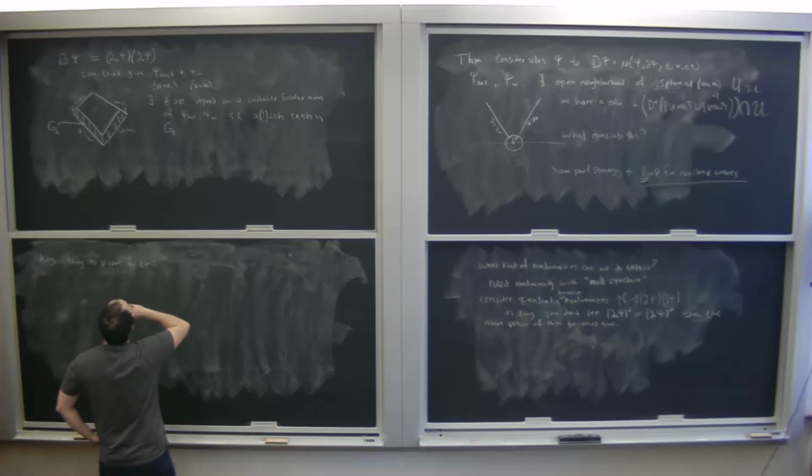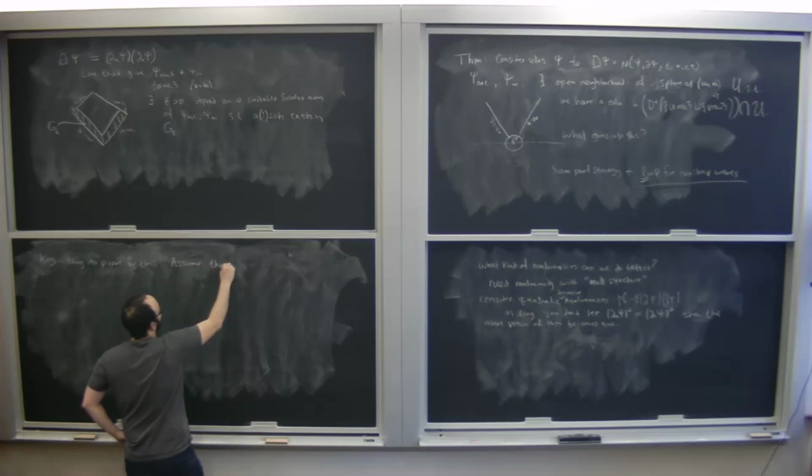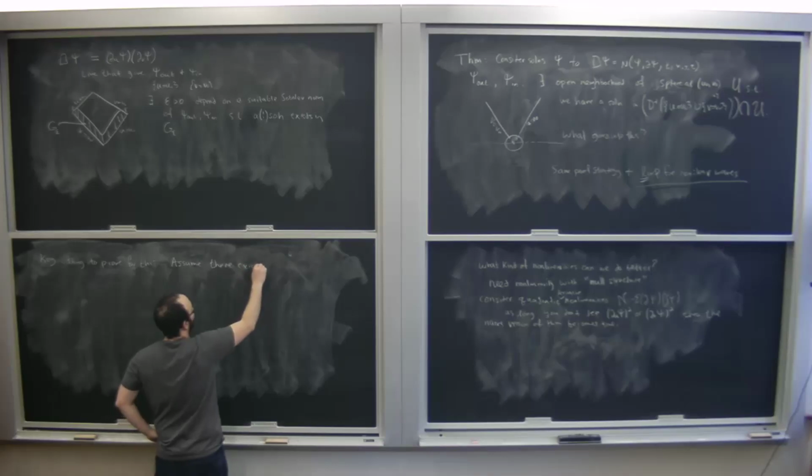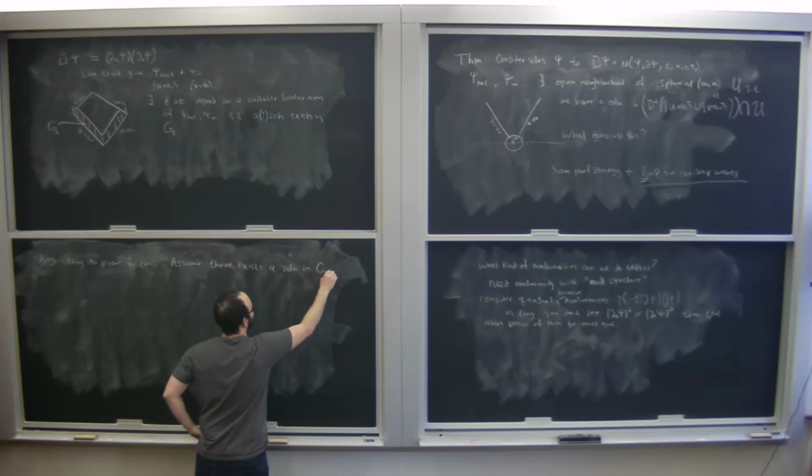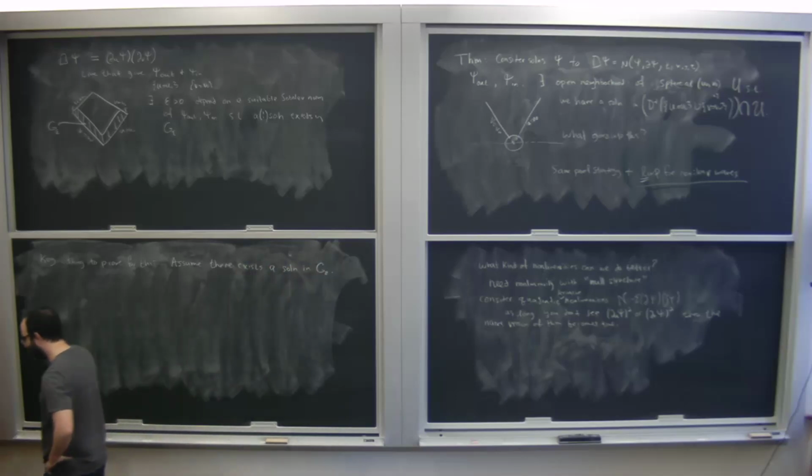Well, you can even rephrase it like this. Assume there exists a solution in G alpha. All right, then there'll be some norm.